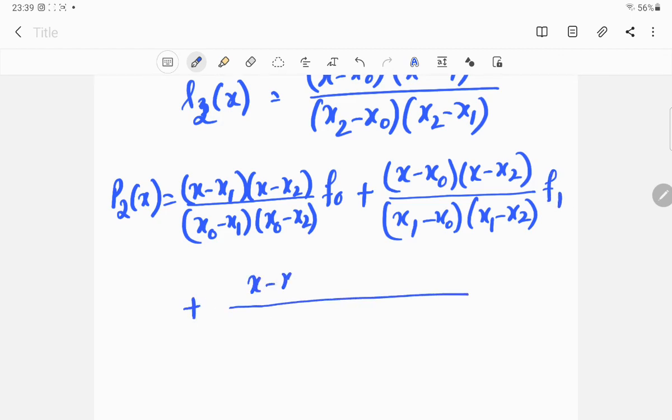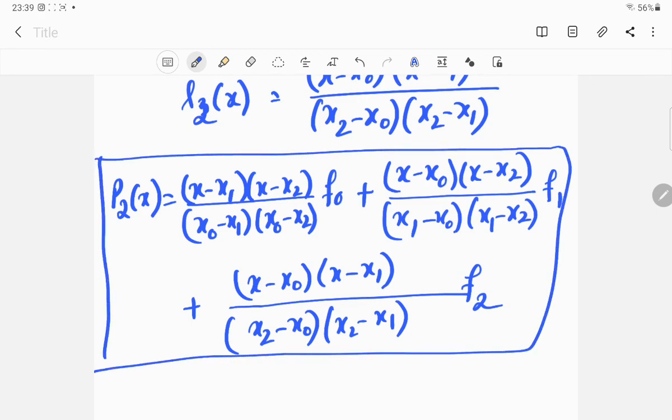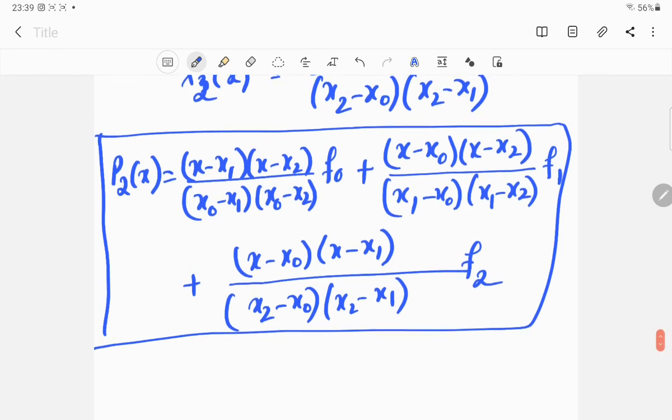So it is x minus x0 and x minus x1. I think it's correct. And then i equal to 2 means x2 minus x0, x2 minus x1, and then it is f2. So this is the form for a polynomial of second order, or you can say the quadratic polynomial. So this is all about polynomials.